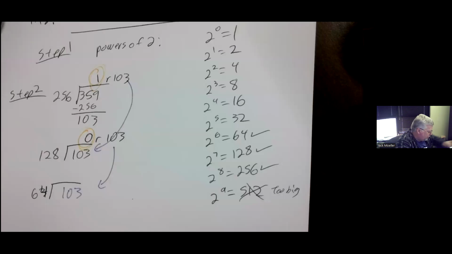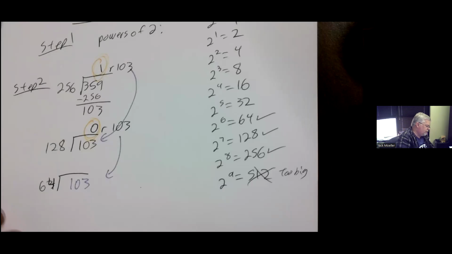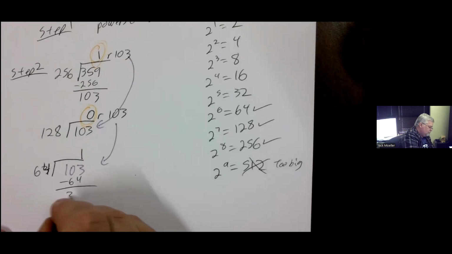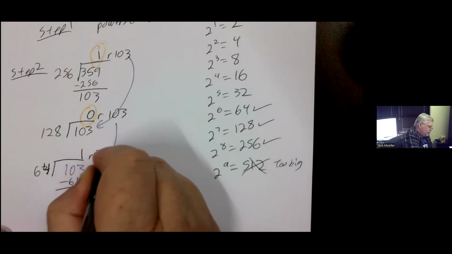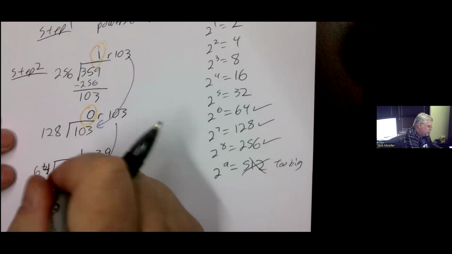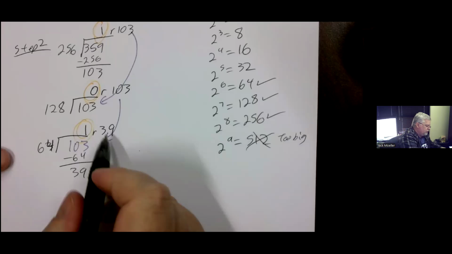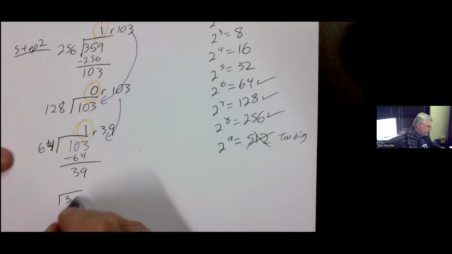All right, back to the problem. We're doing 103 divided by 64. That will go in once. So 103 minus 64 is 39. We have 1 remainder 39. So circle that 1. It's part of our answer. Now we're going to take that 39 and divide it.